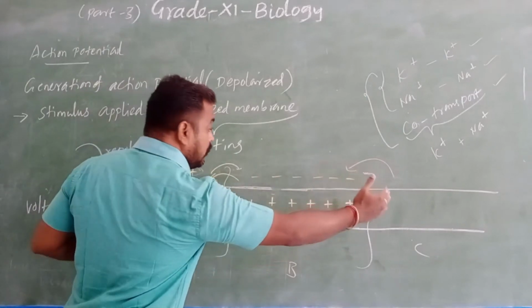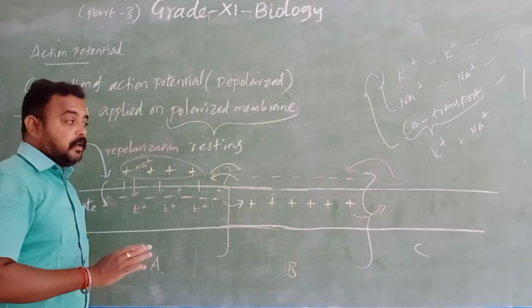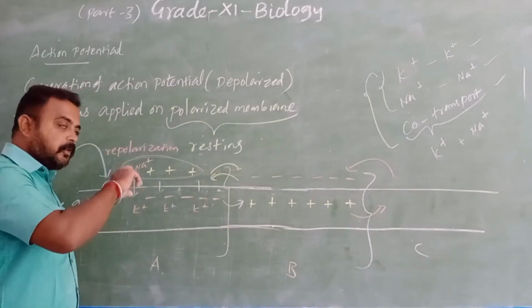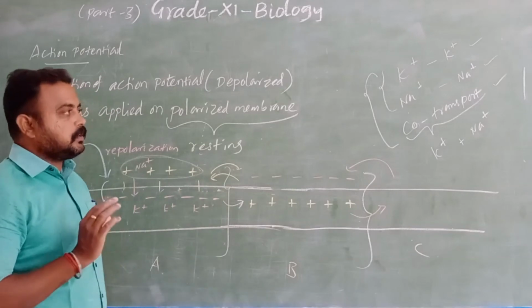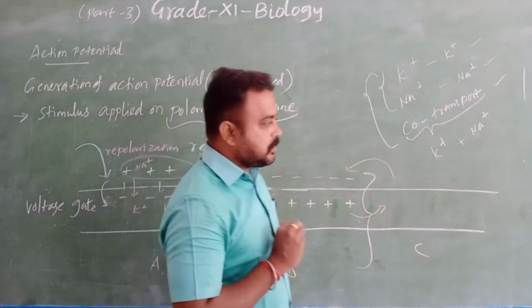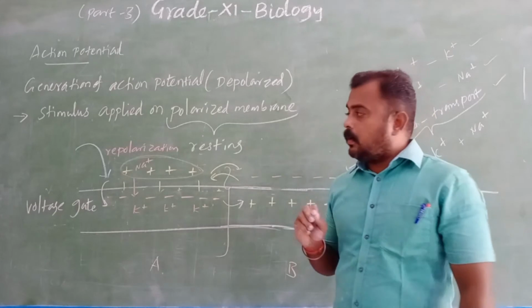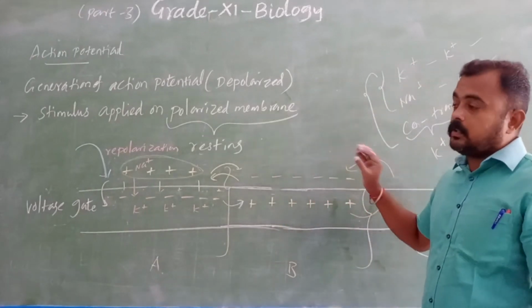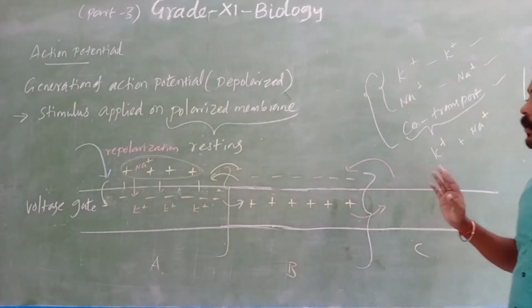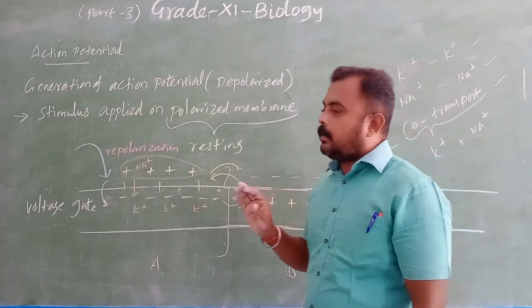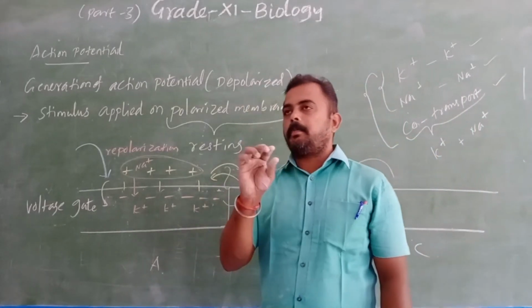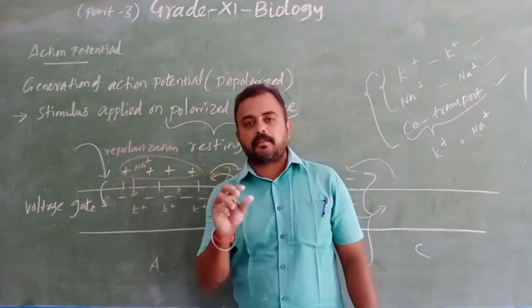It is in one neuron, I am saying. How that transfers from one neuron to another neuron, I will say. I think you all understood this. If you have any doubt, you can ask me definitely. In your NCERT book, the topic is generation and conduction of impulse.